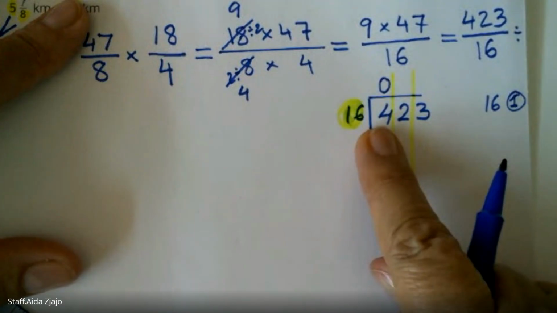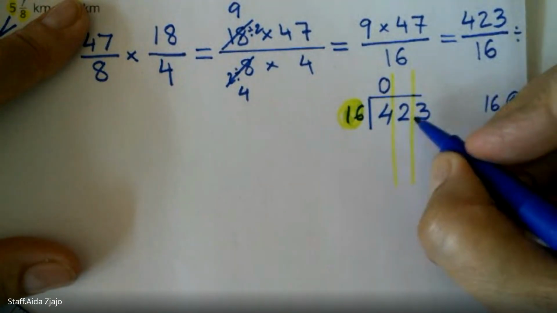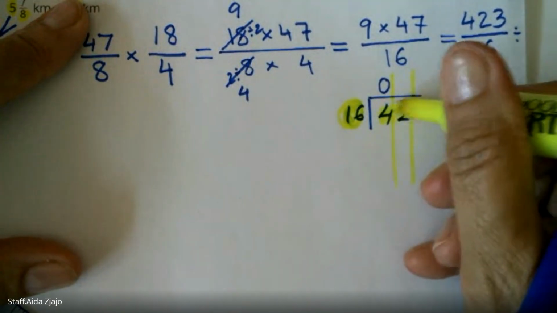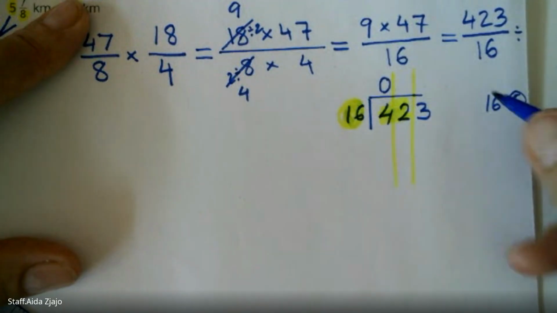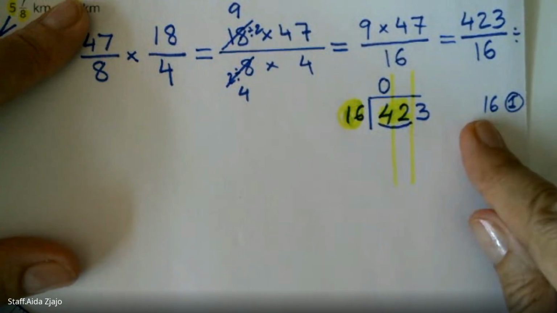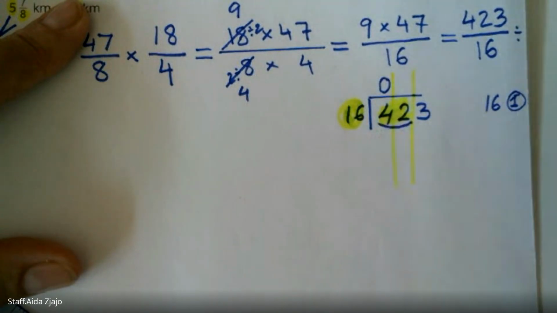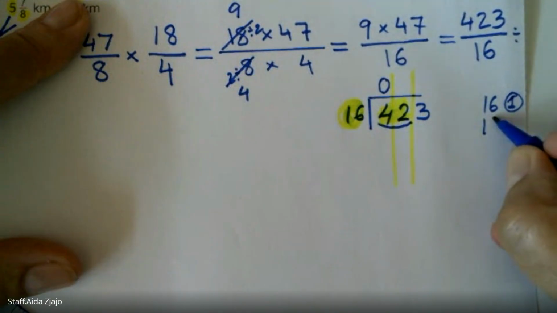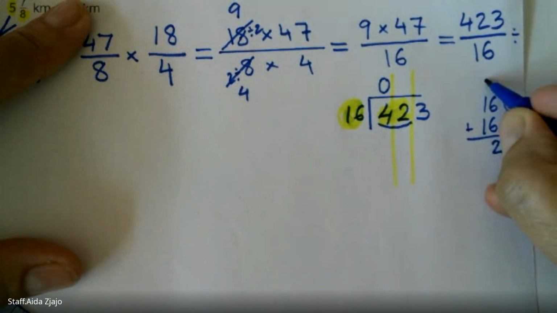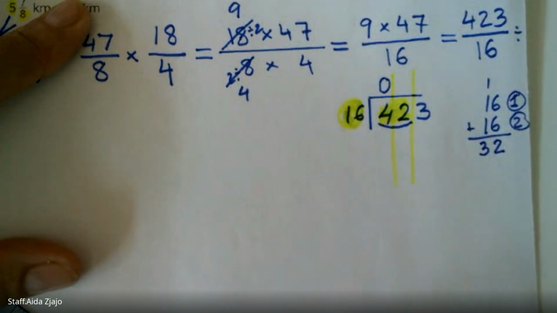But if I combine the hundreds and tens, I have 42 tens. Now with 42, I can make a group of 16. This is one group. If I add one more 16, that makes 2 groups: 6 plus 6 is 12, remember 1, 32.